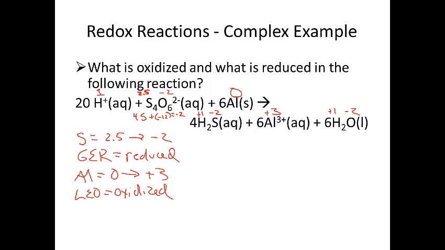Okay, so moving on to net ionic equations. This actually is a net ionic equation, but we wouldn't call it such. So the question was, does this oxidation happen in every single reaction? The answer is no. Oxidation reduction doesn't happen in every chemical reaction.